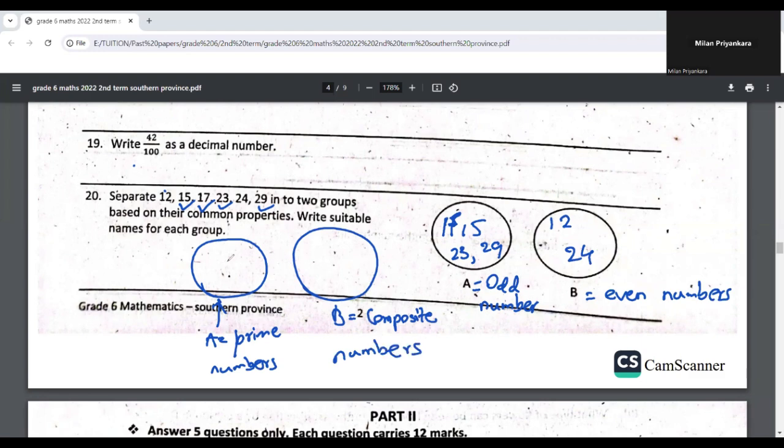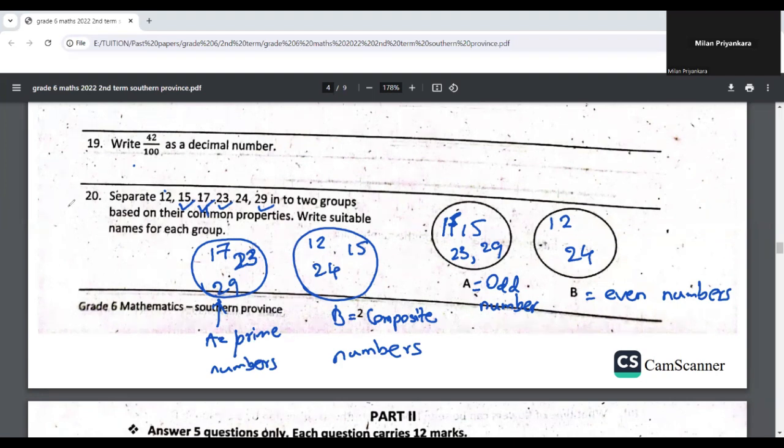If it is prime numbers, the prime numbers will be 17, 23 and 29. These are prime numbers. So the composite numbers are 12, 15 and 24. These are the composite numbers.